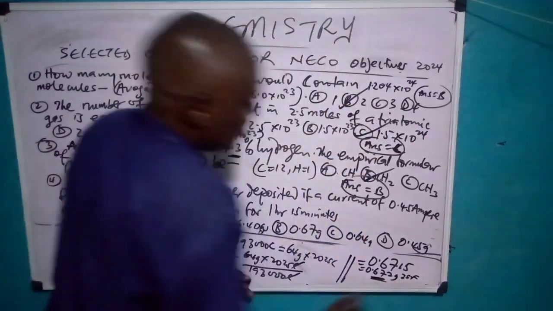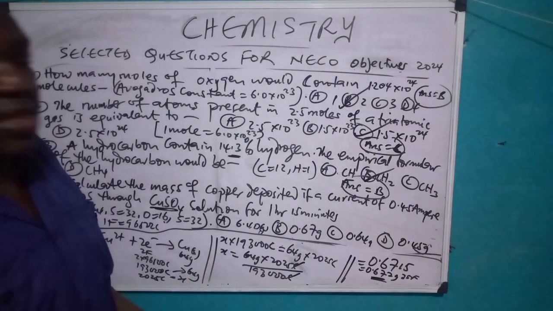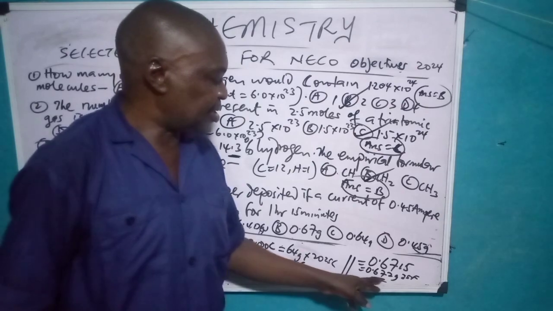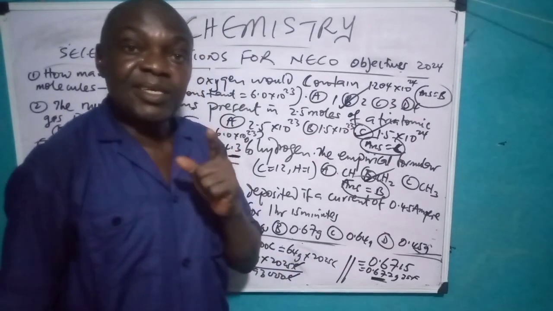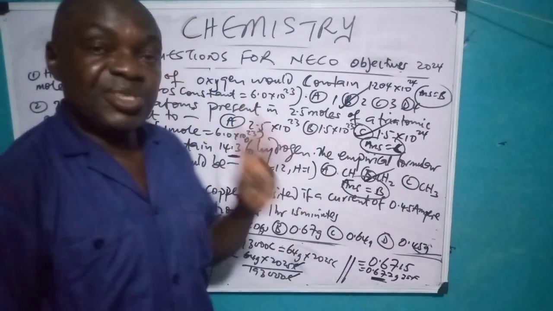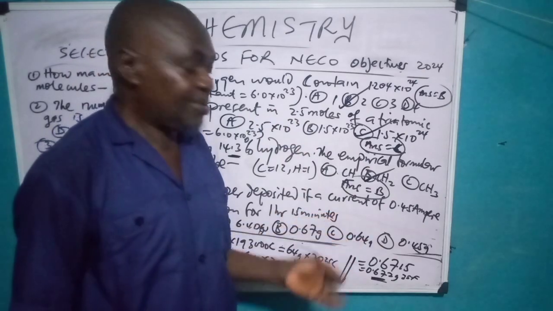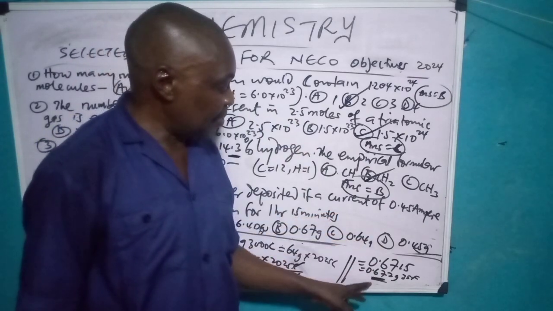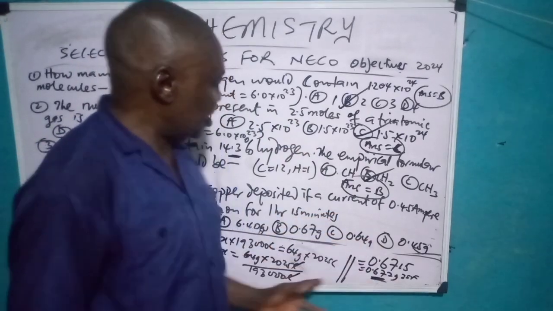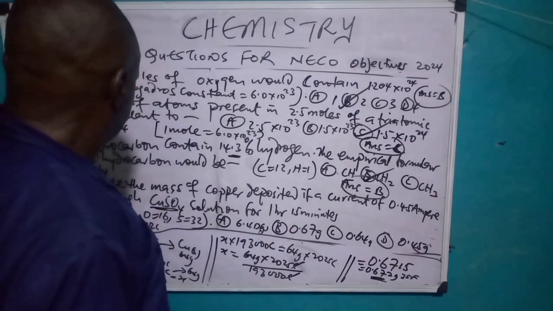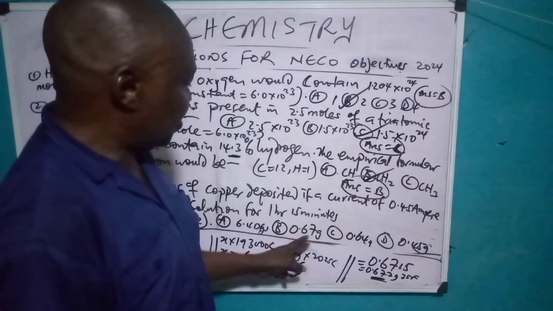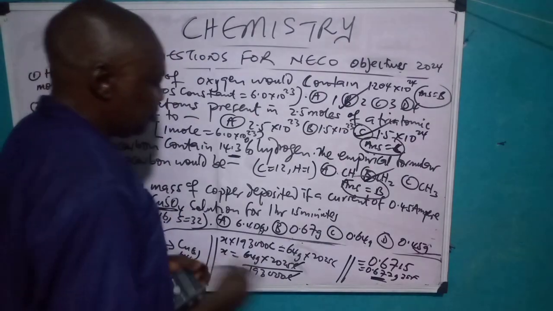If you write in theory, even if you write your answer as 0.67, it's accepted. It's only in practical you don't dare it. That one must be three significant figures, or they mark it wrong for the final answer. So this is 0.672. You look at the answer here, 0.67. So option B is our answer.